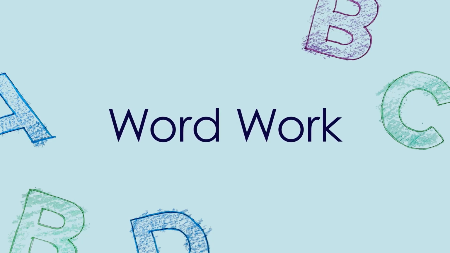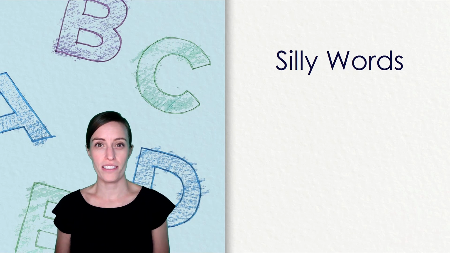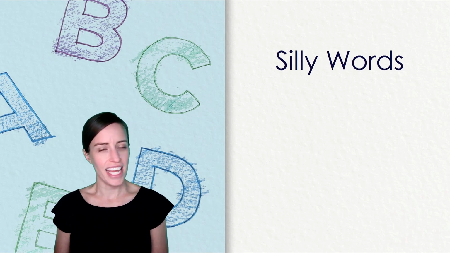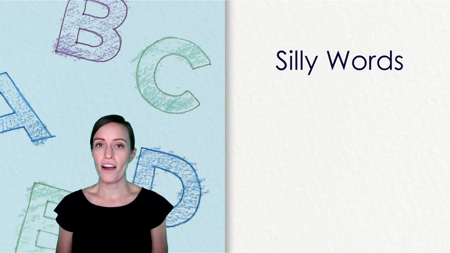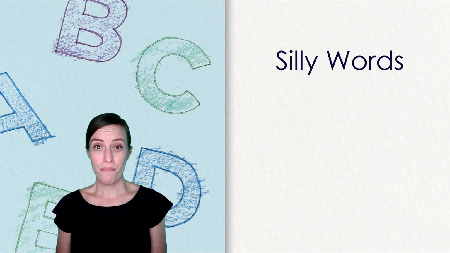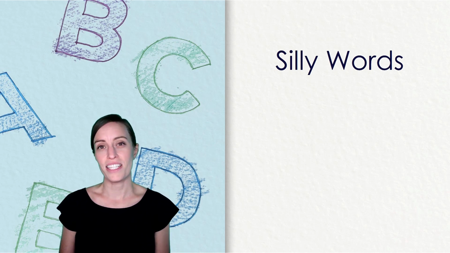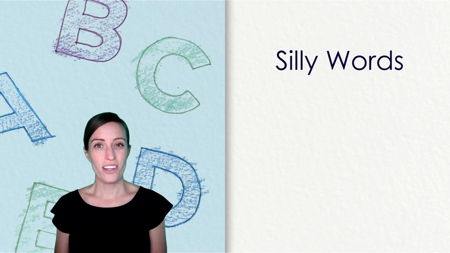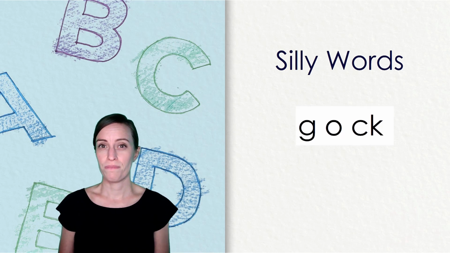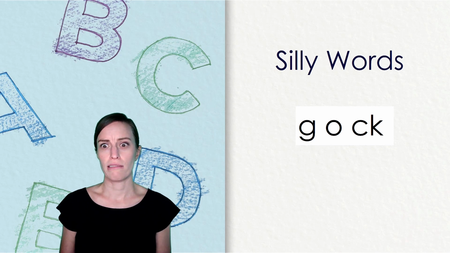Word work. We are going to practice reading some words, but they aren't just any words. They are silly words. But even if we don't know them, we can use what we know to help us decode them. Let's look at the first one together. Yikes! What is that word?